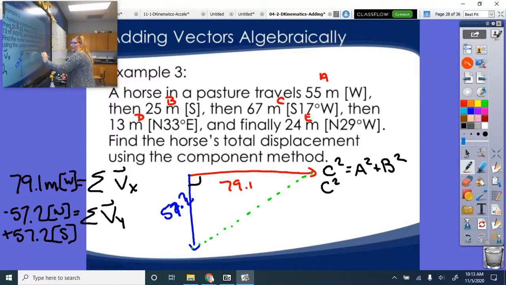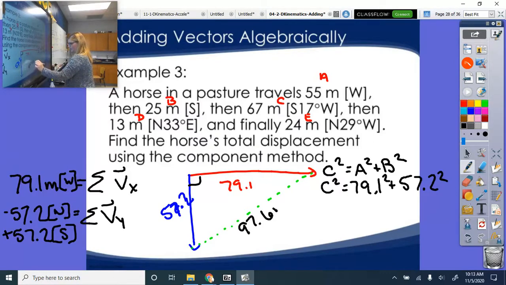So c squared equals 79.1 squared plus 57.2 squared. And that's going to give me that this side here is 97.6 meters long.